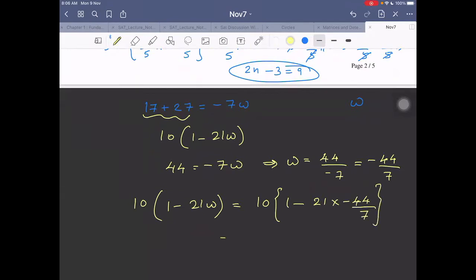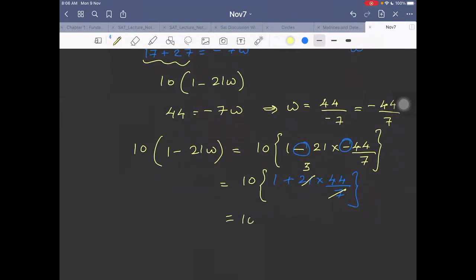So this is 10 times. You have two negatives. Negation of negation is positive. So that is 1 plus 21 into 44 divided by 7. And here 7 and 21 you can cancel off. We have 3.